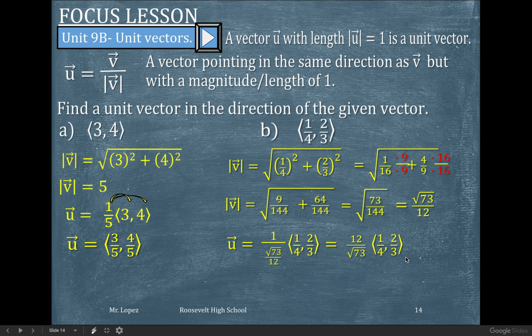Distribute. Best way to do this is divide 12 by 4, which is 3 over the square root of 73 for the x component. 3 goes into 12, 4, and then 4 times 2 is 8. 8 over the square root of 73 would be the y component. And we're done.